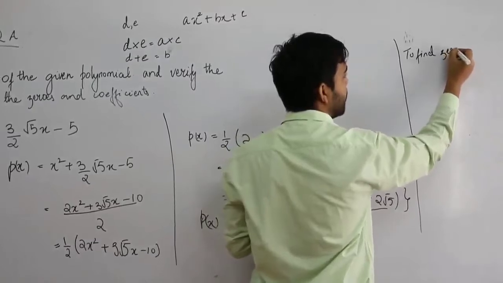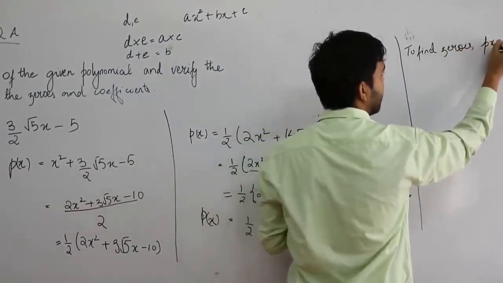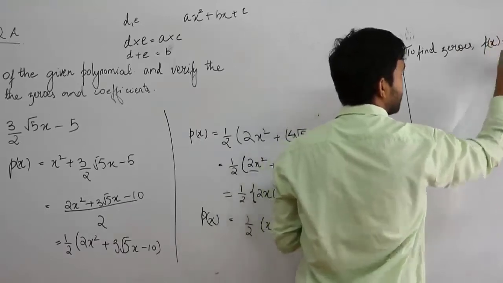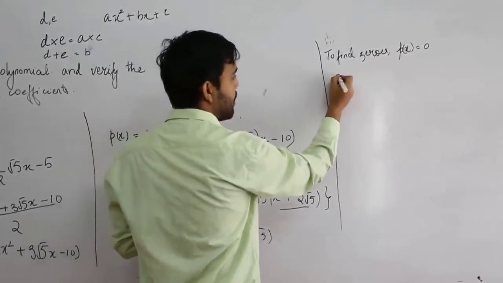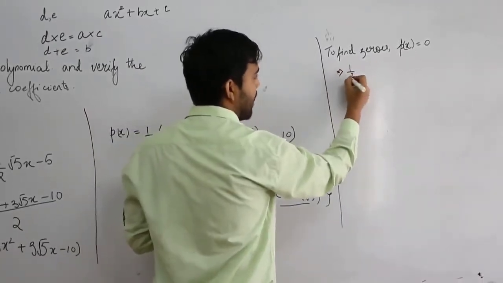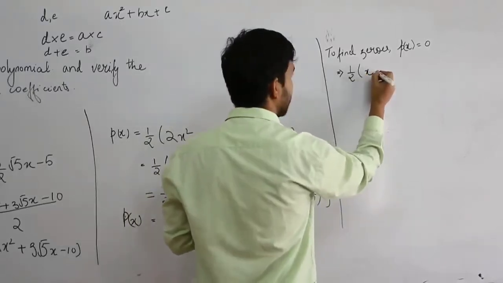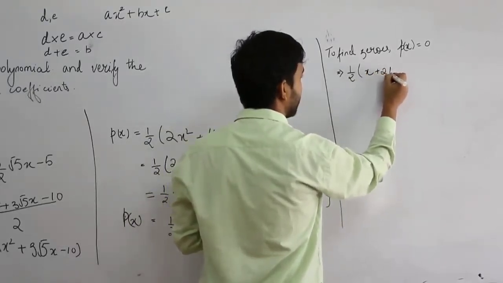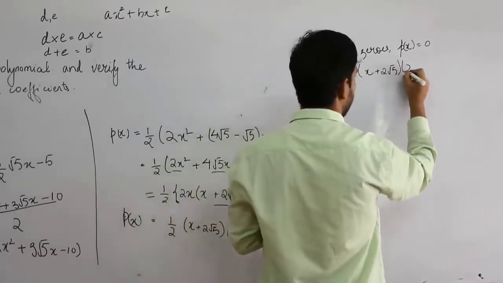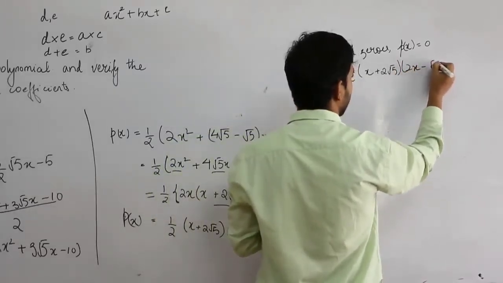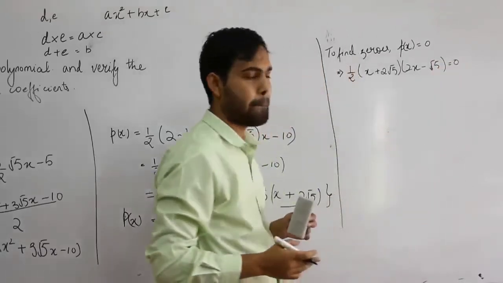Now what is p of x? P of x is this term. So this implies I have x plus 2 root 5, and then I have 2x minus root 5. So this is equal to 0.